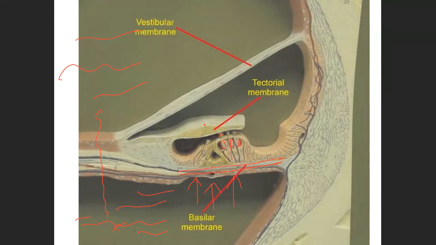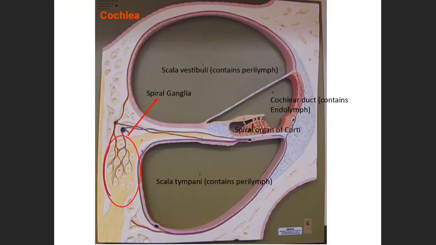So those are the structures that you should be able to identify for this lab in the inner ear. Oh, there we go. This is the spiral ganglia, which collects the information.